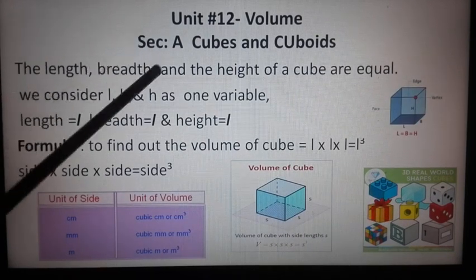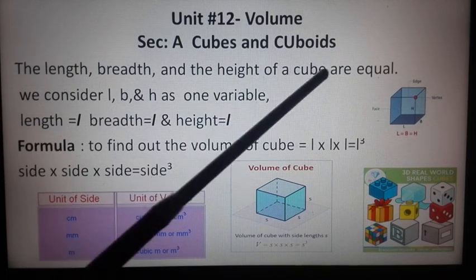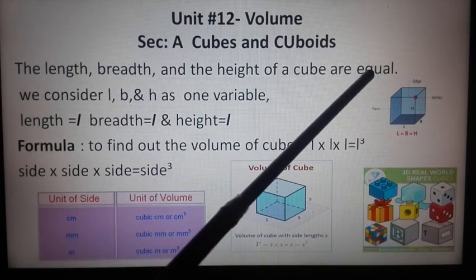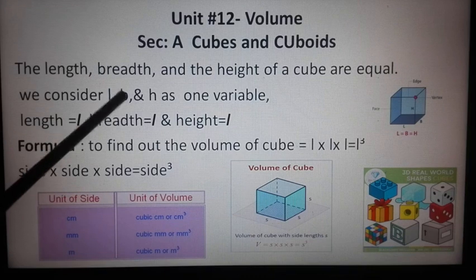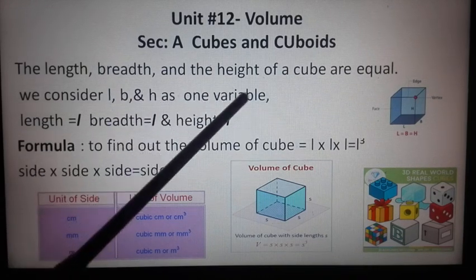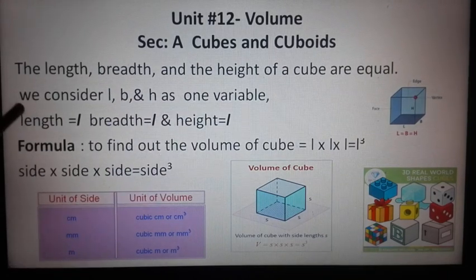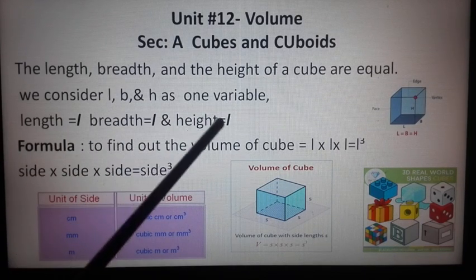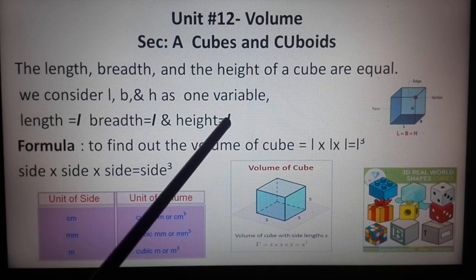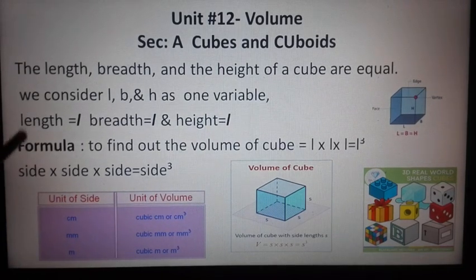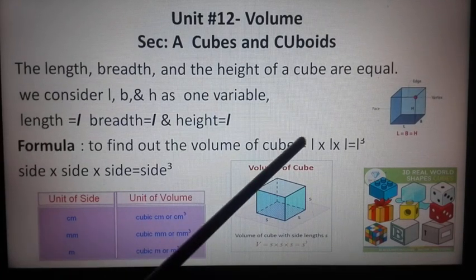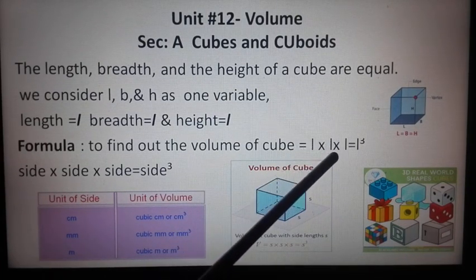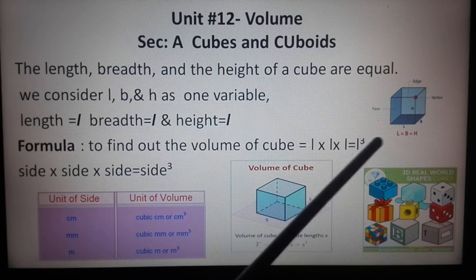The length, breadth and height of a cube are equal. We consider length, breadth and height as one variable. That means length is equal to L, breadth is equal to L and height also is equal to L. To find the volume of a cube, there is a formula: L multiplied by L multiplied by L, that means L cubed.